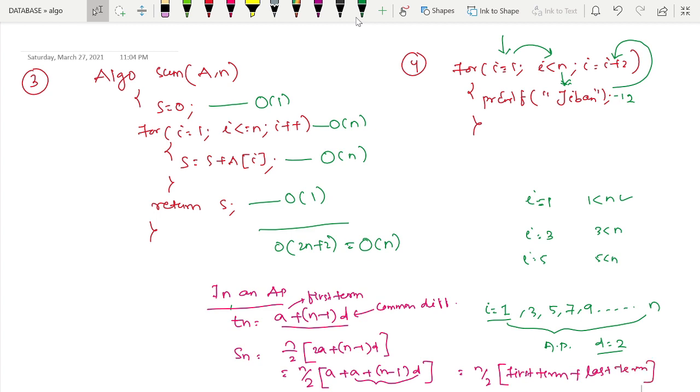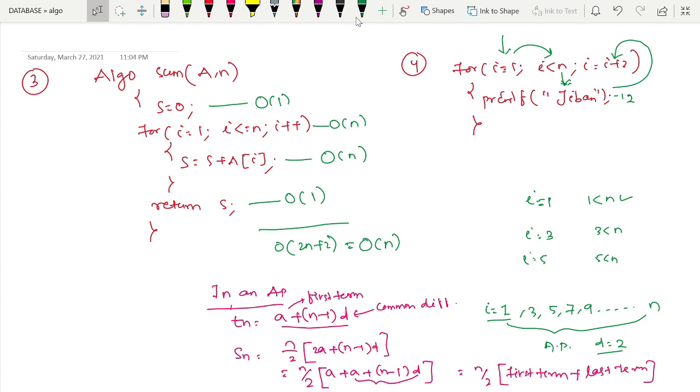So this can be another formula, right? You need to remember these things because we will use this concept in the next questions.